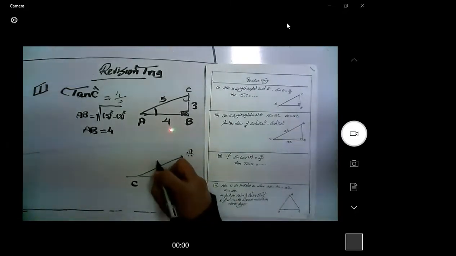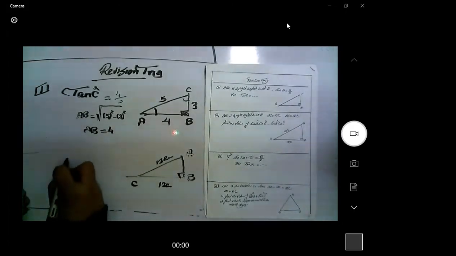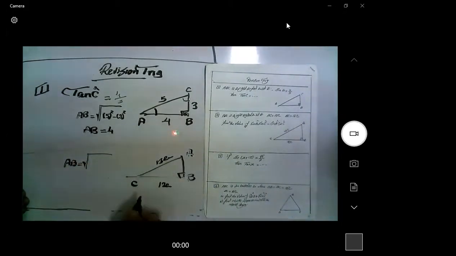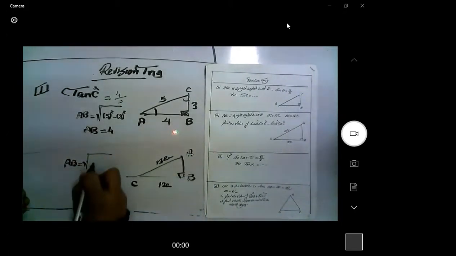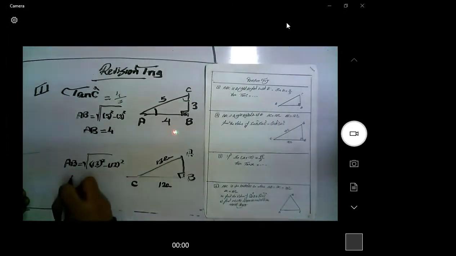AC 13 centimeter. We are going to complete the lengths of the triangle by getting AB. AB equals square root of AC square, hypotenuse, minus BC square, 13 square minus 12 square. Then the length of AB equals 5 centimeters.